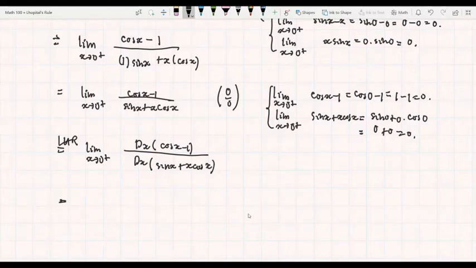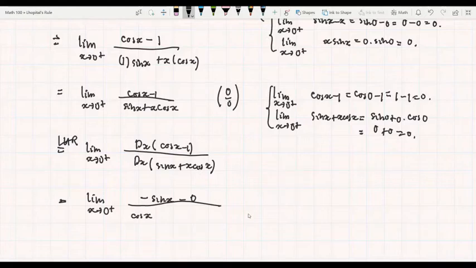So differentiating, we have the limit as x goes to 0 plus of the derivative of cosine, which is negative sine x. The derivative of a constant is just 0. All over the derivative of sine x, which is cosine x.